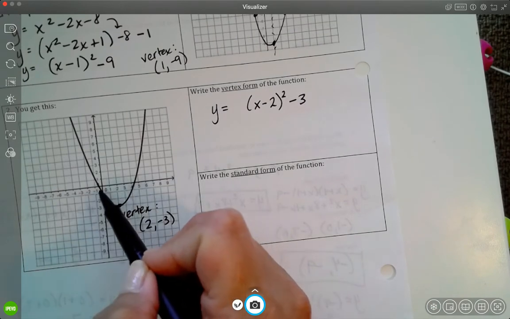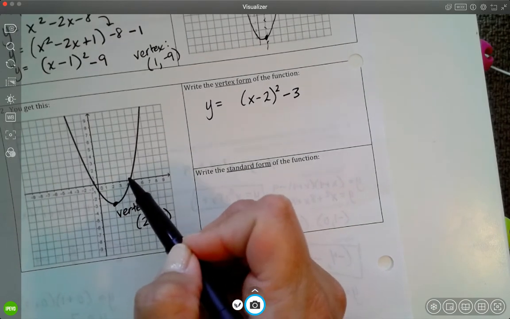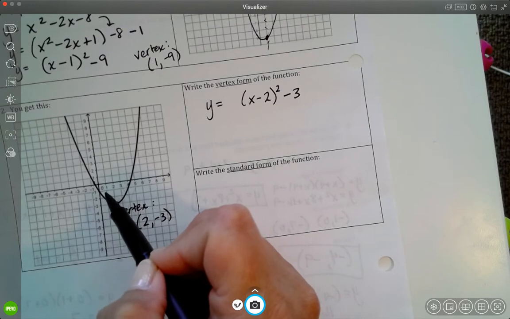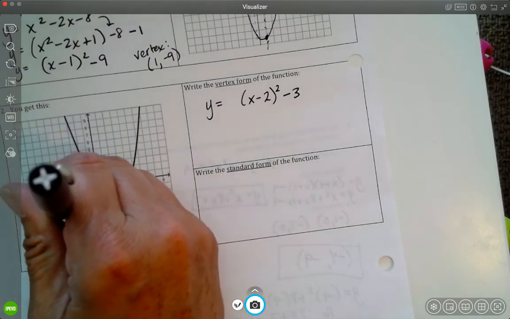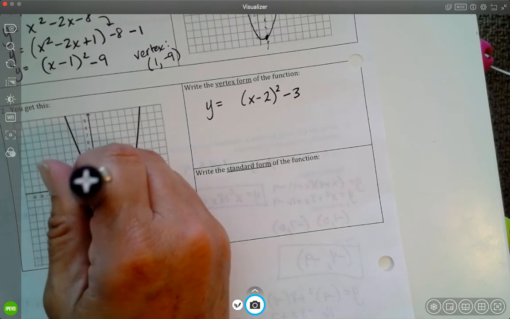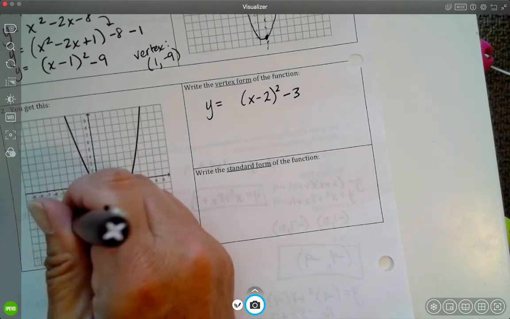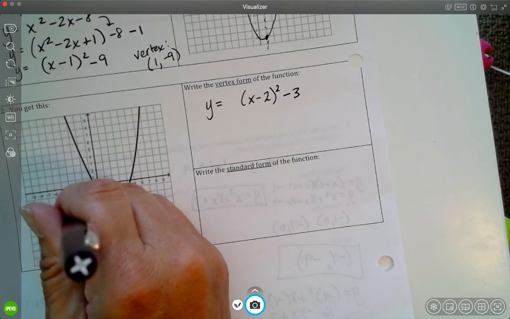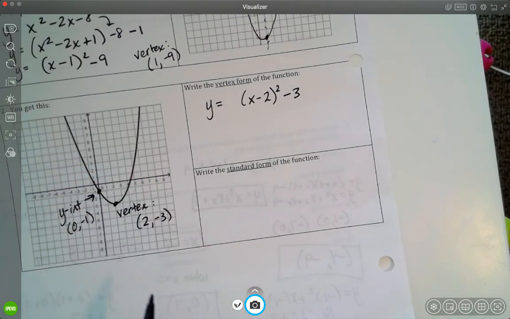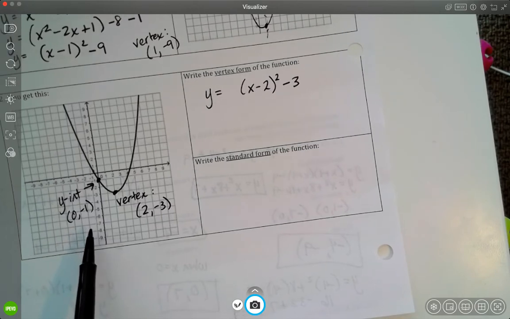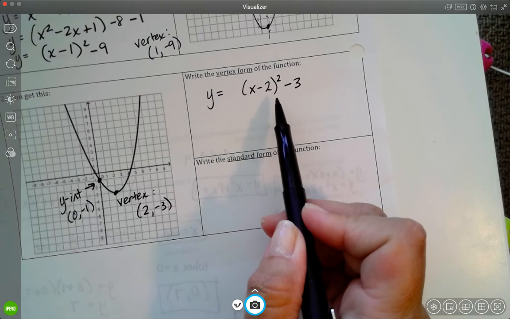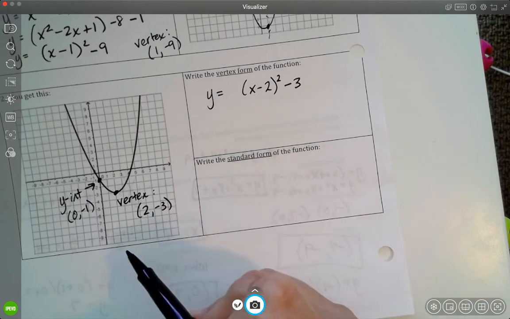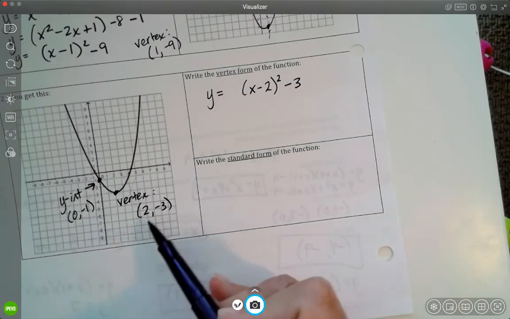I can't really figure that out from the graph anyway, but what I can see really clearly is the y-intercept. So the y-intercept here is 0, -1.